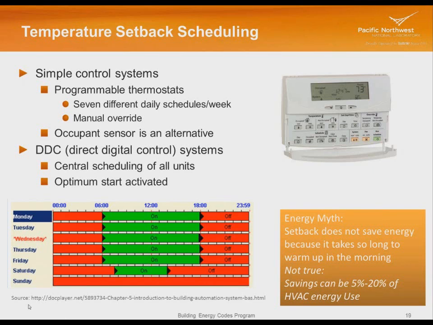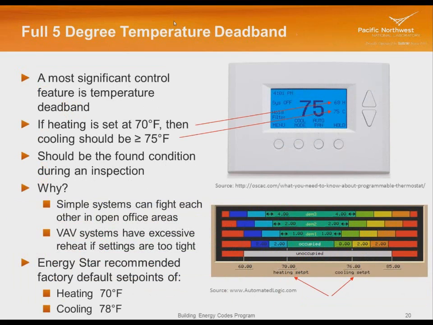Okay, moving along, temperature deadband. Now here's an item that's been in code for a long time, and for some system types possibly ignored. Thermostats out of the factory are typically set up with a temperature deadband, say 70 degrees for heating and 75 degrees for cooling.